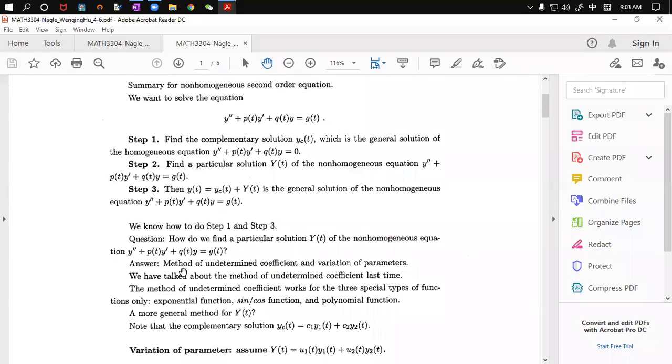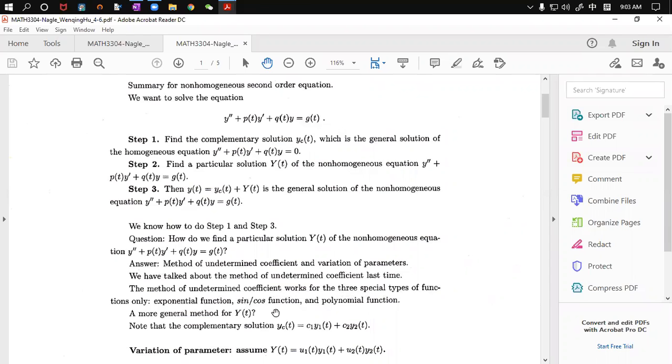Last time we lectured, we talked about an important method called the method of undetermined coefficients. What is the method of undetermined coefficients? It works for three special types of right-hand side g(t) only. For example, if g(t) is an exponential function, you should try an exponential function.